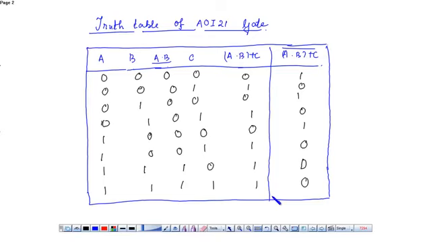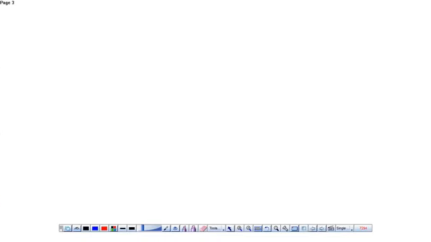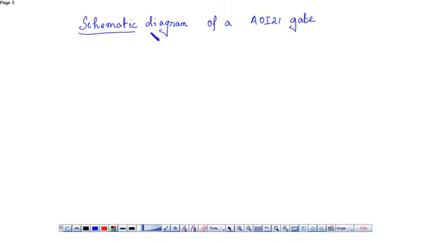Now let's see the schematic diagram of an AOI 21 gate.